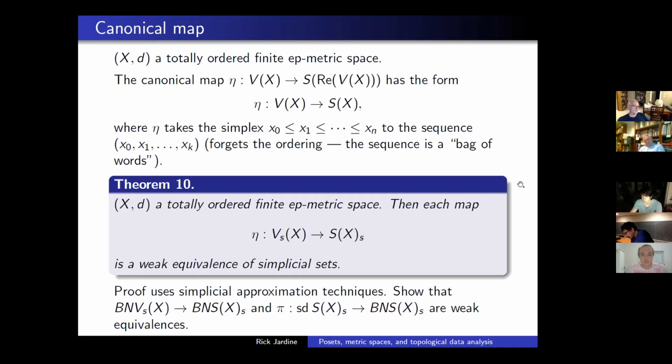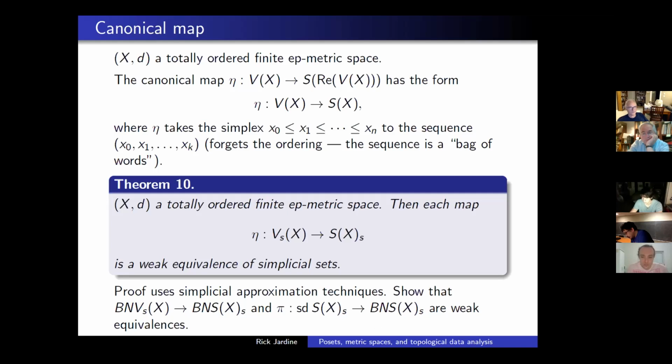homotopy equivalence of posets. For the second part of this, there's a canonical map from what's called the subdivision of the simplicial set, the simplicial set of the singular complex, and it takes values in the nerve, the poset of non-degenerate simplices of the same simplicial complex. That's an isomorphism if you started with a simplicial complex.